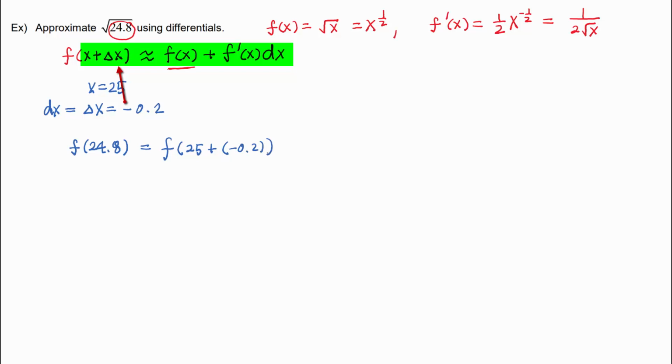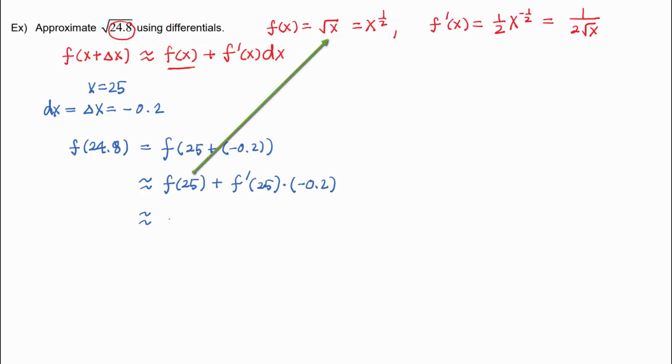You can see they add up to 24.8. This will be approximately equal to f of 25 plus f prime of 25 times dx, and dx is exactly equal to delta x, which is negative 0.2.